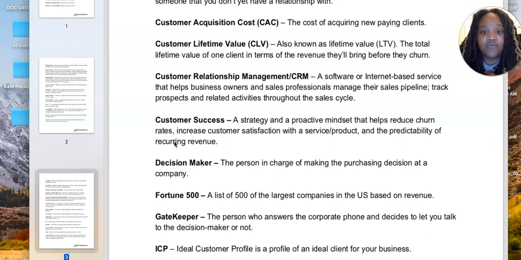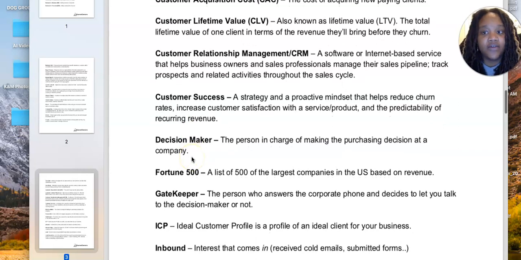So for example, for the company that I work for, we actually have customer success representatives, and their whole entire job is to make sure that the customers are satisfied with the product or service, and also make sure that they have the necessary software that's going to help them progress in their business and make more money. And this is really done ultimately to reduce that churn rate. Again, like I said earlier, you want to make sure that that churn rate is as low as possible.